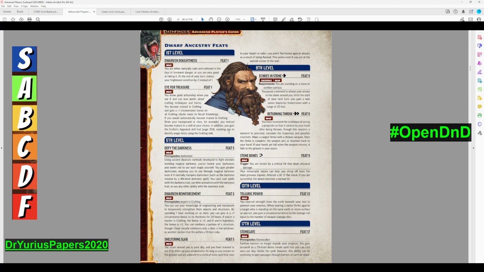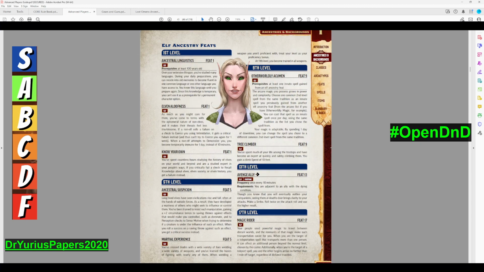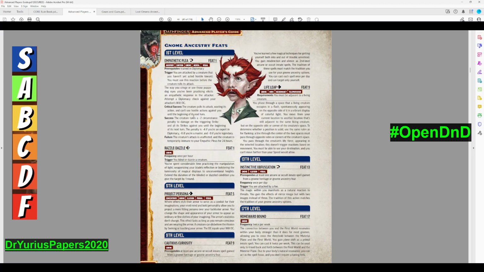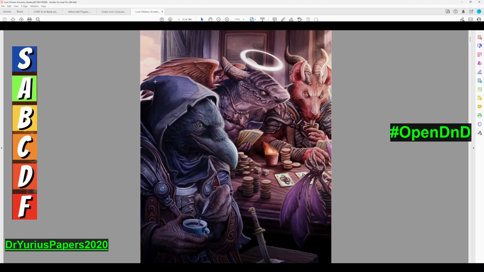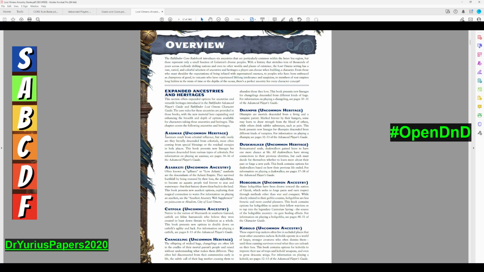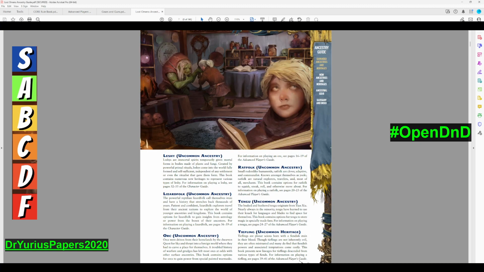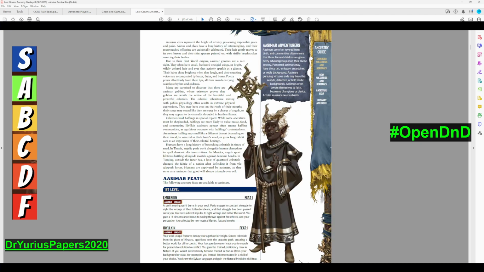And then they've got some new ancestry feats for the base heritages as well that you can choose from out of this book. The Lost Omens book has a bunch of new heritages. So they have the Aasimar, the Azaketi, the Catfolk. That's an ancestry with heritages. So some of these are heritages and some of these are ancestries. So they have some more feats in here for some of these.